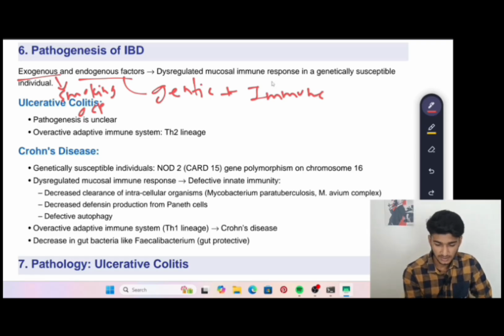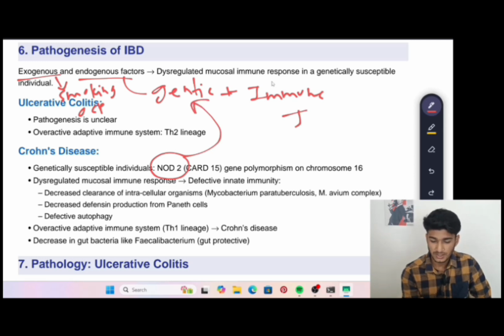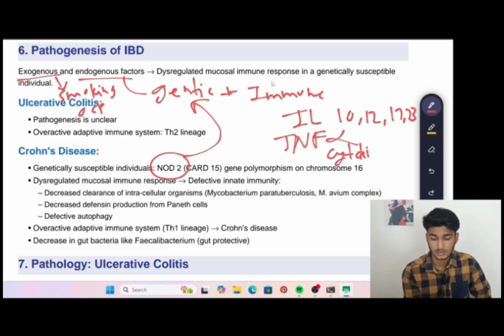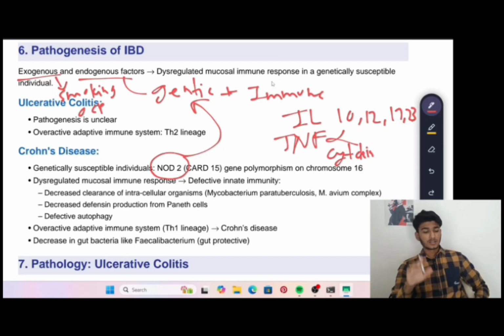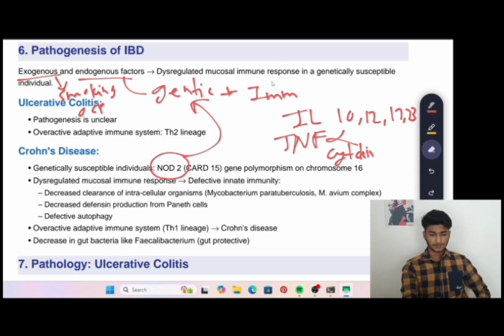So in genetic factors, you can see here NOD2 gene, and in immune you can see interleukin 10, interleukin 12, interleukin 17, interleukin 23, and the TNF alpha, as well as cytokines. This will be there in this endogenous factors.